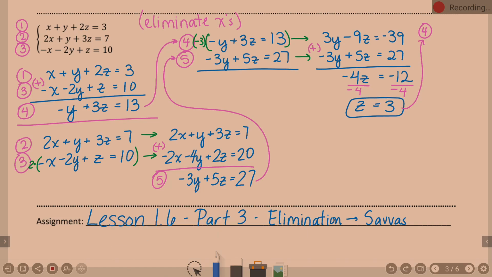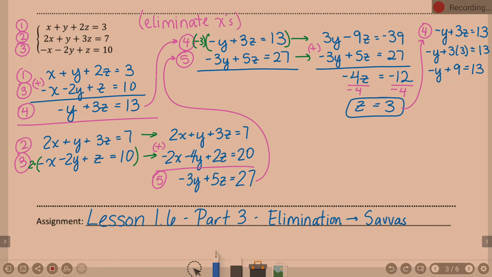So equation 4 is negative y plus 3z equals 13. Plug in the z, so negative y plus 3 times 3 equals 13. 3 times 3 is 9, so negative y plus 9 equals 13.